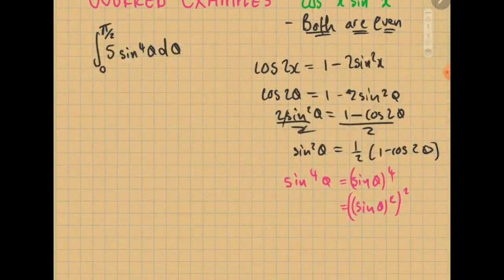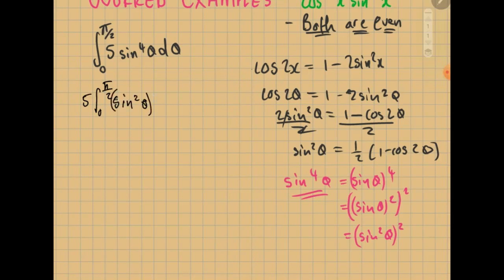You know that sine squared theta, raised to the power of 2, gives you sine to the 4th of theta. So that's what I have. So I'm going to say, okay, that means I have the integral from 0 to pi over 2 of, remember, if we're multiplying by a constant, we can take it out, sine squared theta raised to the power of 2, with respect to theta.